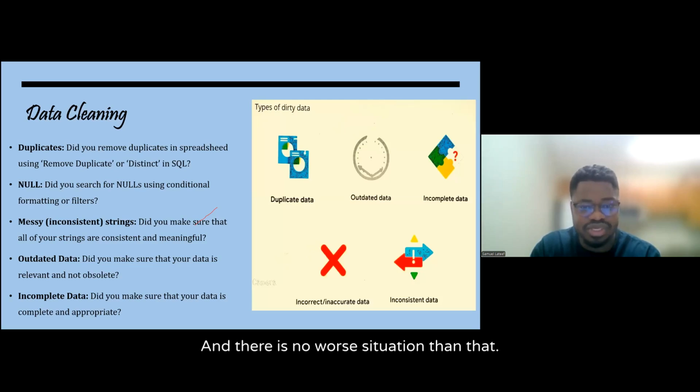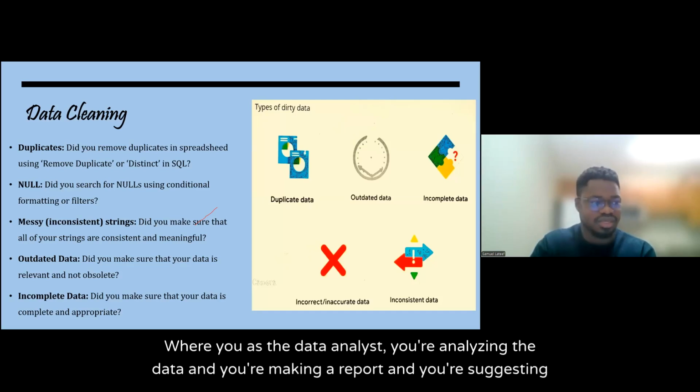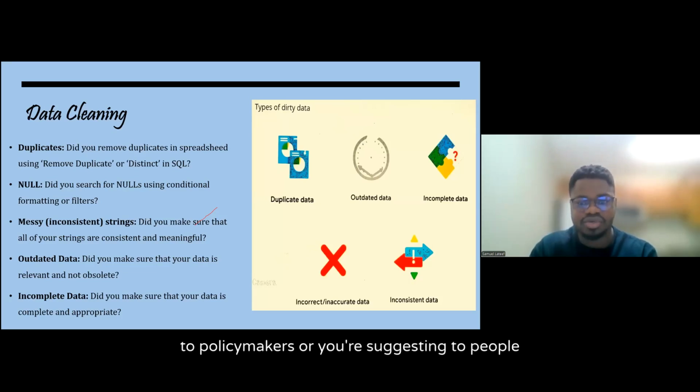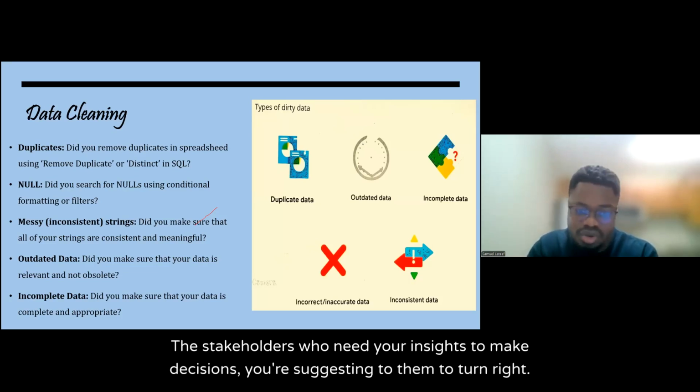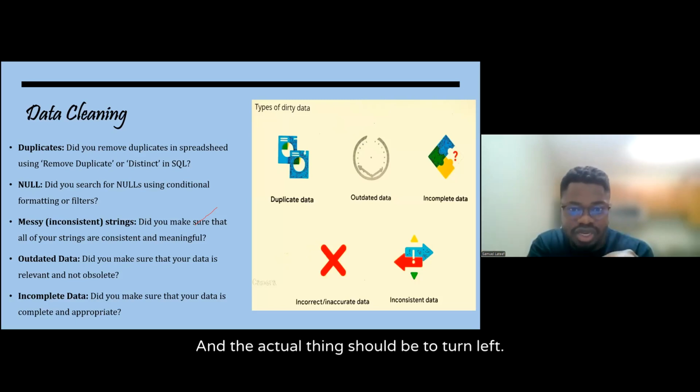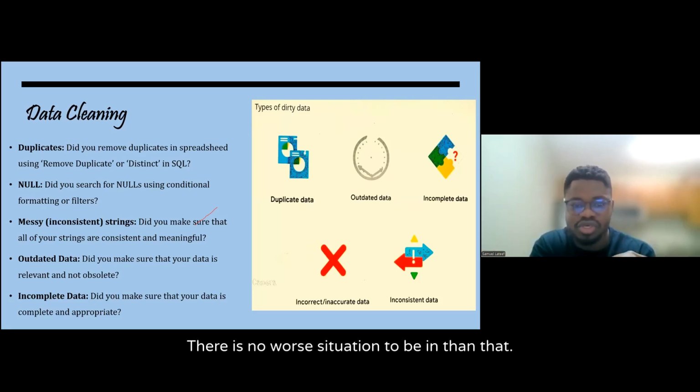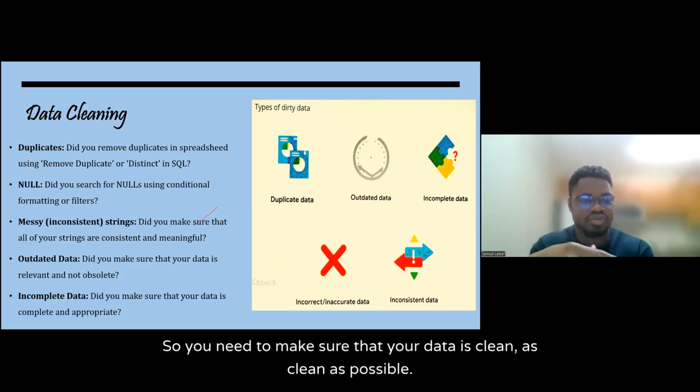And there's no worse situation than that, when you, as the data analyst, are analyzing the data and making a report and suggesting to policymakers or stakeholders who need your insights to make decisions to turn right, and the actual thing should be to turn left. There is no worse situation to be in than that. So you need to make sure that your data is as clean as possible.